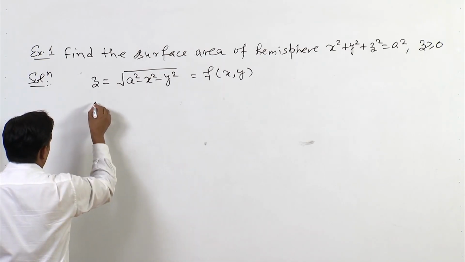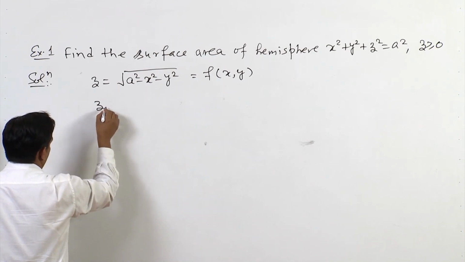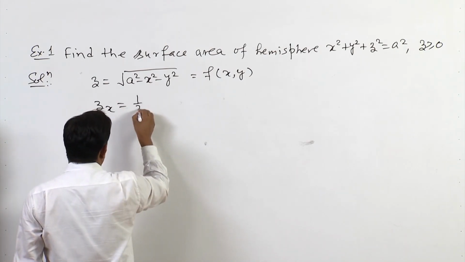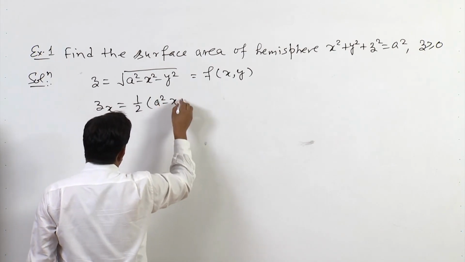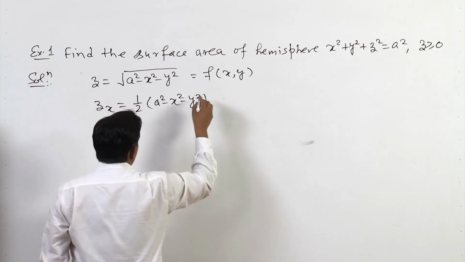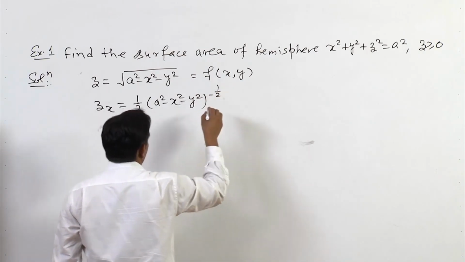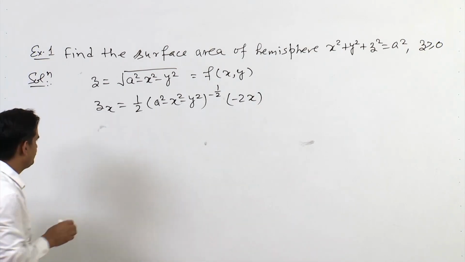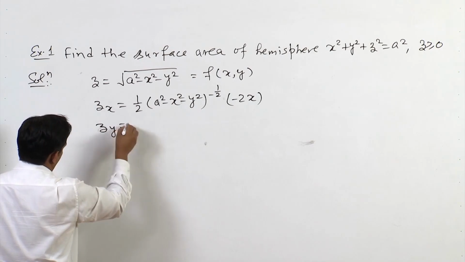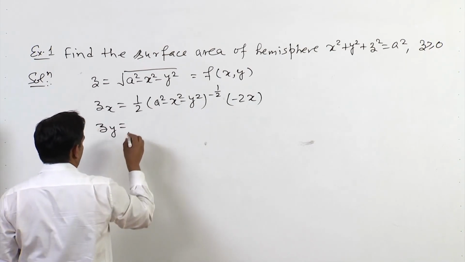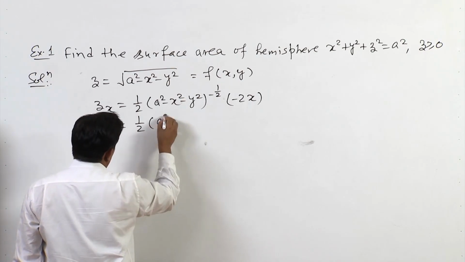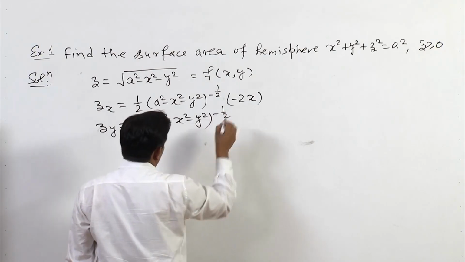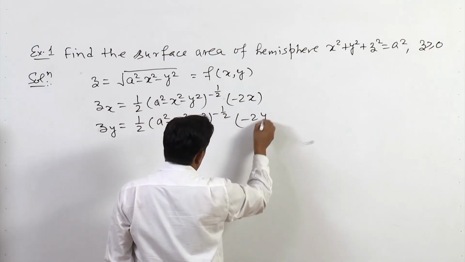So now calculate del z over del x. It will become 1 by 2 times (a square minus x square minus y square) raised to the power minus half, and then times minus 2x. Then z_y will be half times (a square minus x square minus y square) raised to the power minus half, and then times minus 2y.